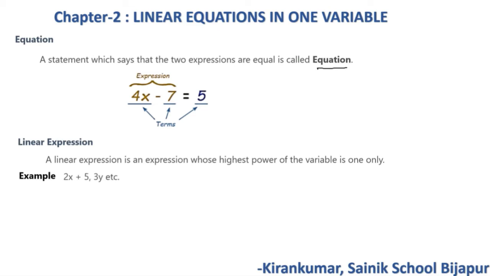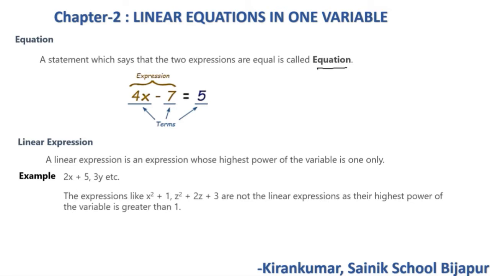The expressions like x square plus 1, z square plus 2z plus 3, they are not linear as their highest power of the variable is greater than 1. If the highest power of the variable is equal to 1, then the expression becomes linear.